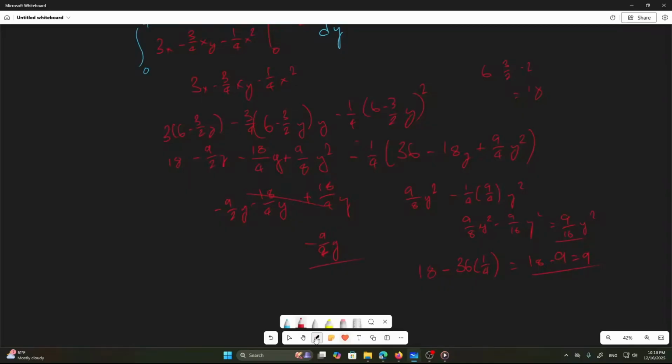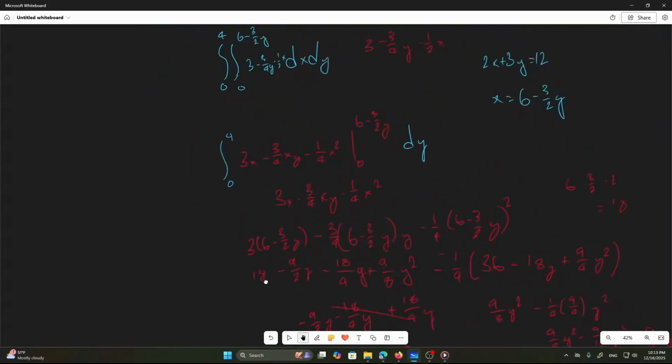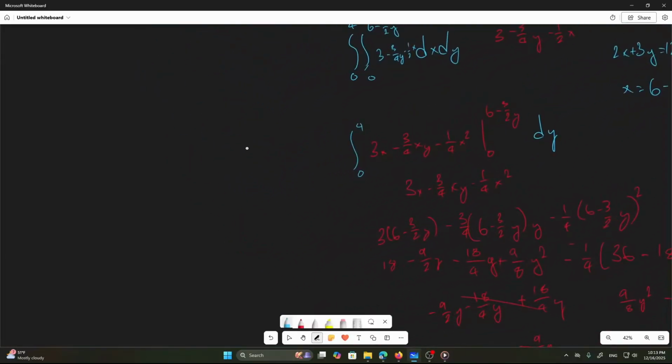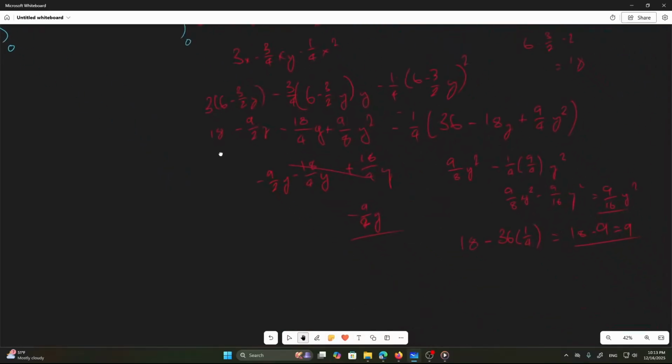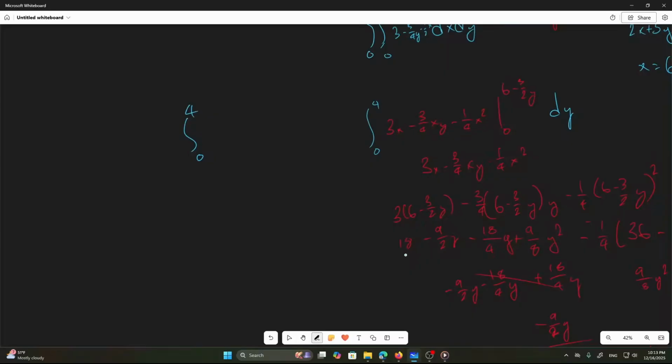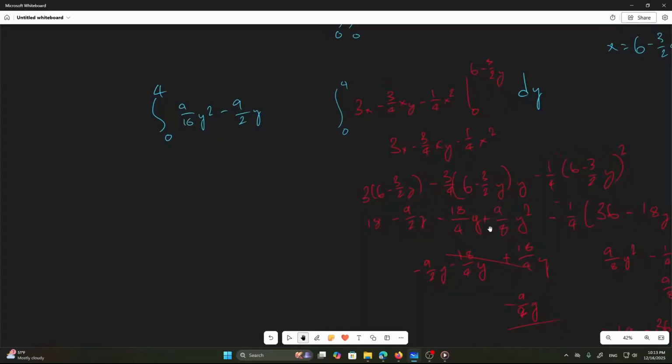So all we have to do is just plug that back into the original integral we have here. It will be from 0 to 4 of 9 over 16 y squared minus 9 over 2 y plus 9.